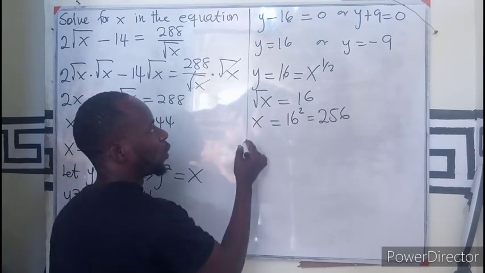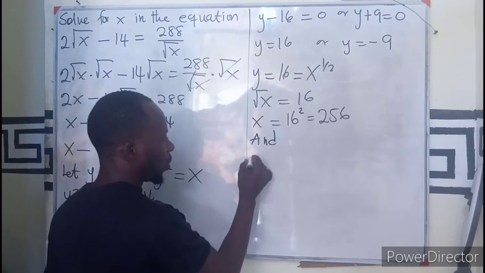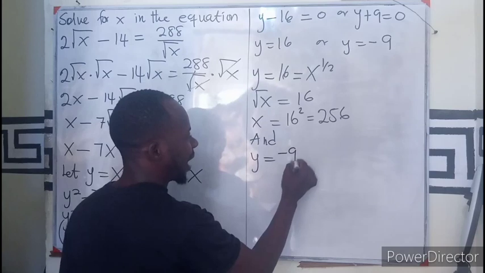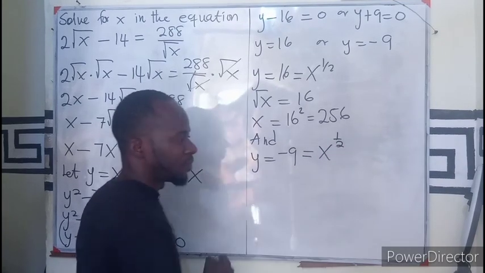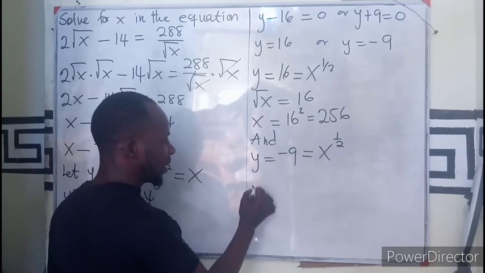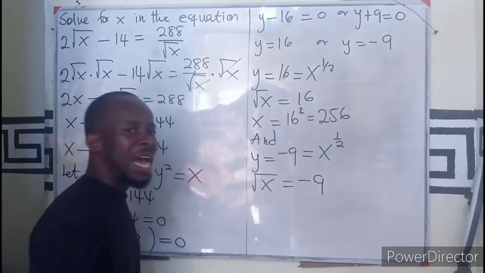Then we also have y equals minus 9 equals x exponent half, which could also mean that the root of x equals negative 9.